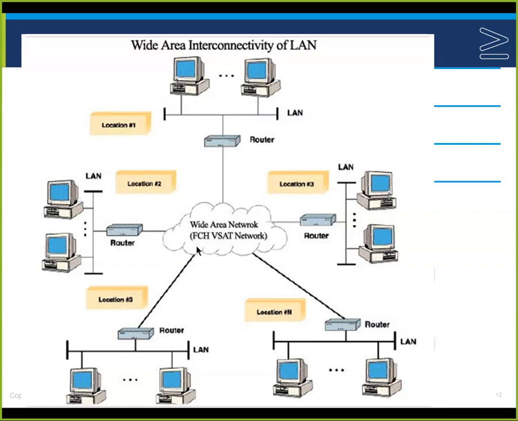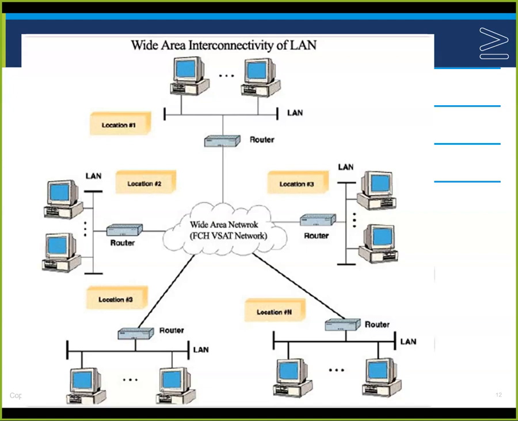So we have the wide area network connectivity image, just different local area networks connected through the magical cloud that we all use in order to get from one location to the other. The cloud, if you look at it, is a great, huge switched network.